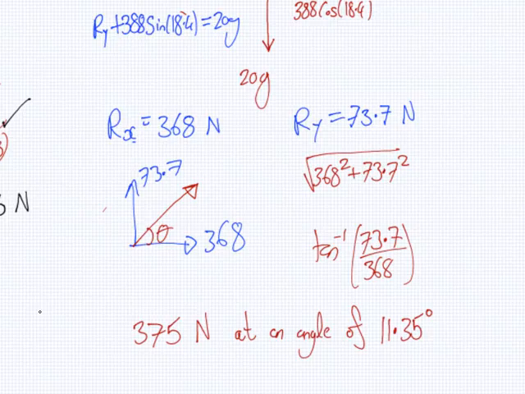So beta, this is wrong, so it will be 45. You got the right answer?